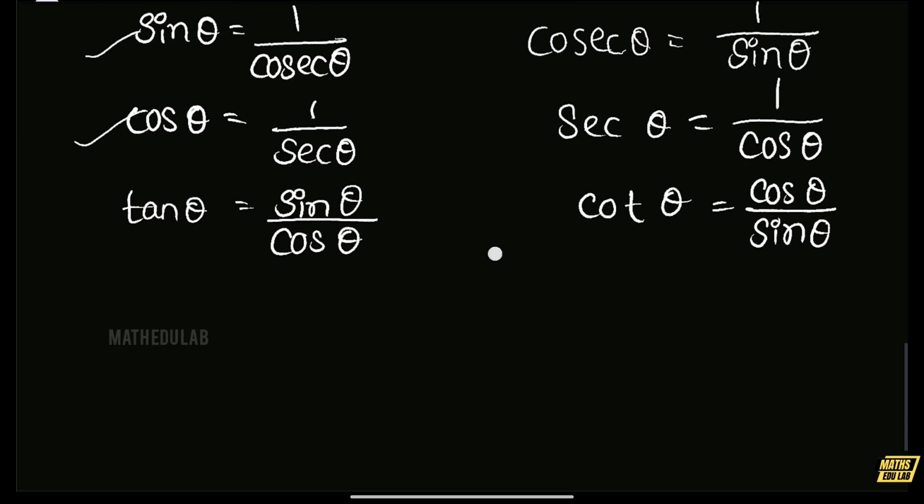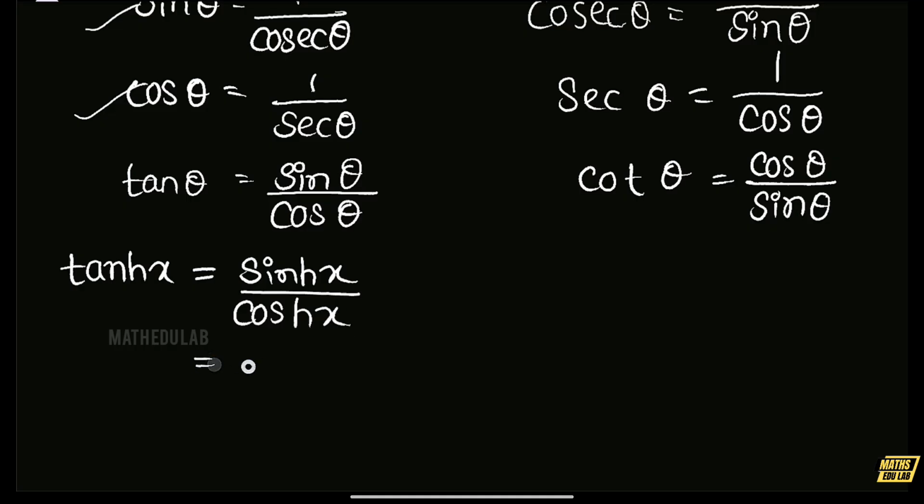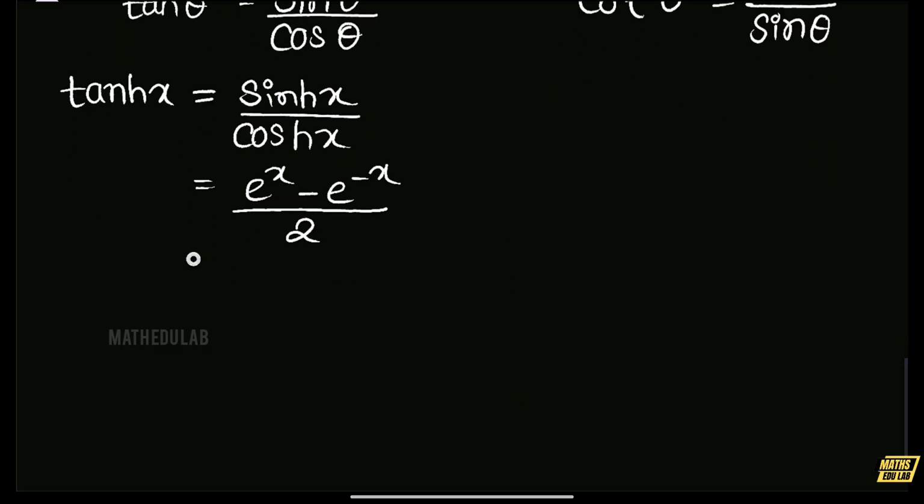Now we will go for the tan. We can write tan hyperbolic x, which is equal to sine hyperbolic x by cos hyperbolic x, which is equal to e to the power of x minus e to the power of minus x by 2, divided by e to the power of x plus e to the power of minus x by 2.